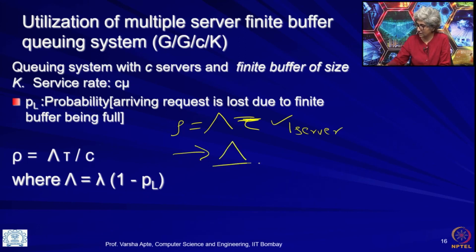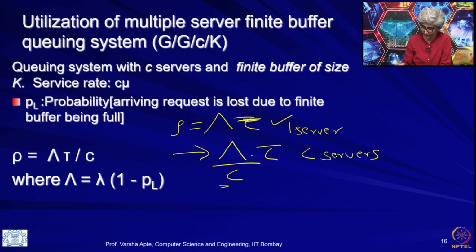You can assume that all the servers are similar and each server does capital lambda by C amount of the work. If this is the completion rate and the work that one server is doing, then capital lambda by C multiplied by tau will be how busy the servers are. So, utilization is very intuitively capital lambda tau by C, where capital lambda is given by this from the previous slide.